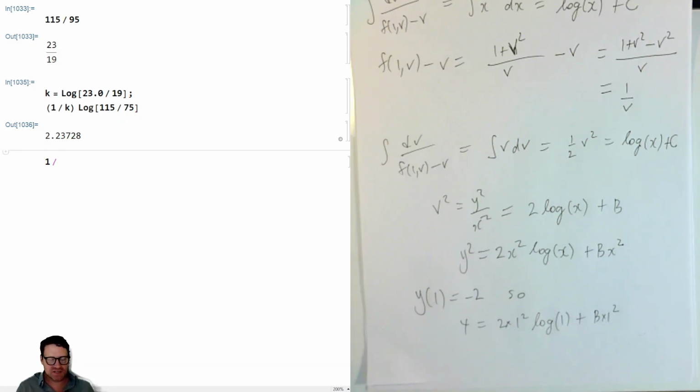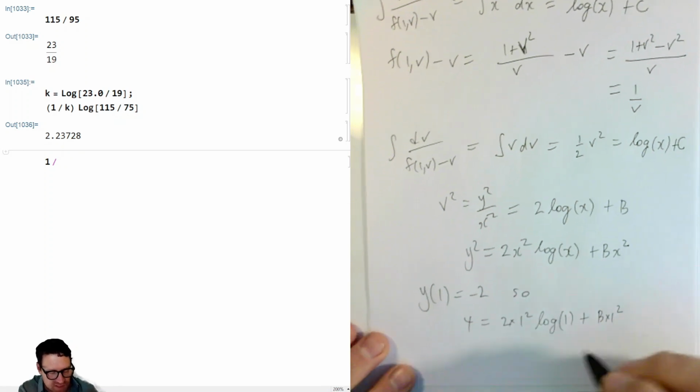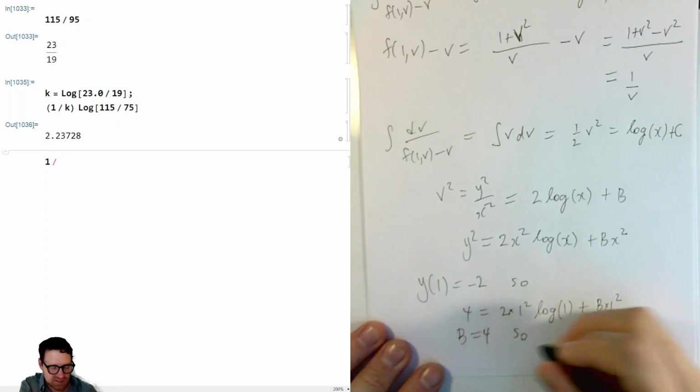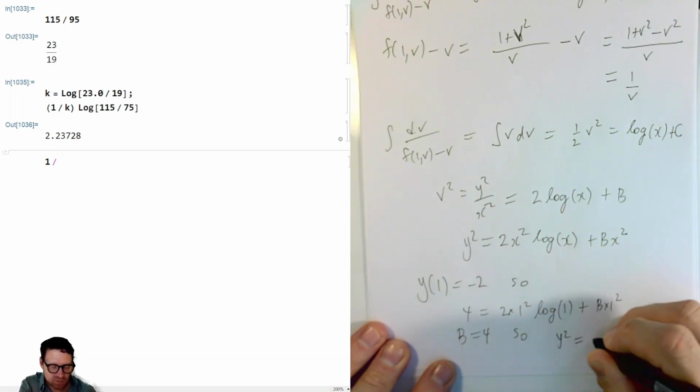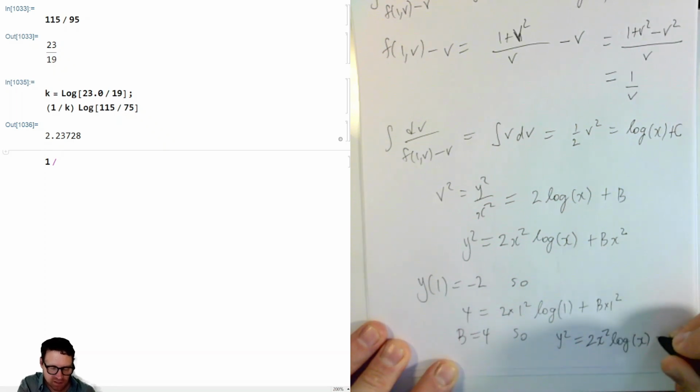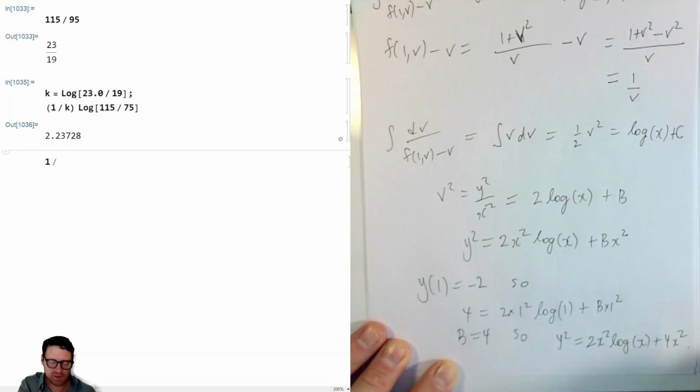Now e to the power of 0 is 1, so natural log of 1 is 0. So this says b is 4. And so what we get then is y squared equals 2x squared natural log of x plus 4x squared.